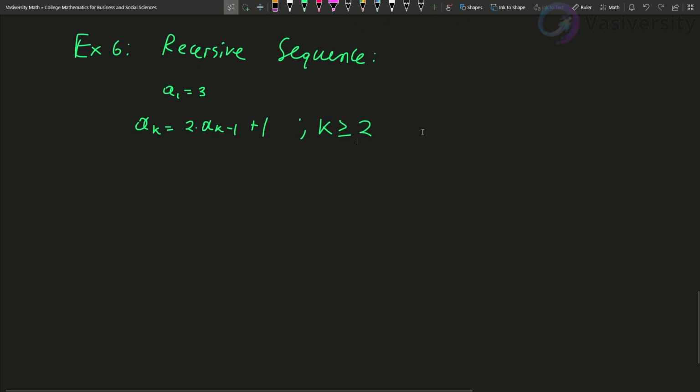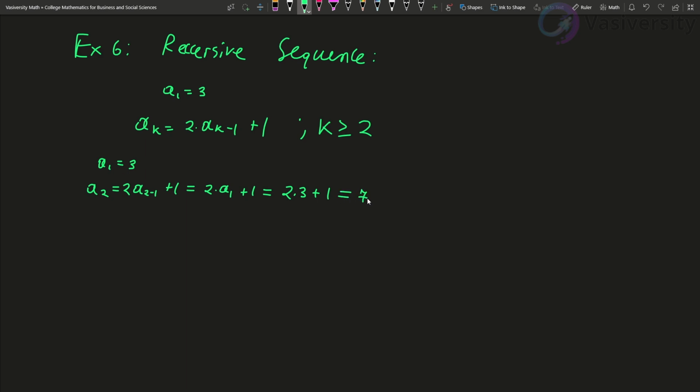So, okay, for the recursive function, let's check it out. So a sub 1, we know that it's equal to 3. A sub 2 is going to be 2 times a sub 2 minus 1 plus 1, which is equal to 2 times a sub 1 plus 1, which is equal to 2 times 3 plus 1, which is equal to 7.